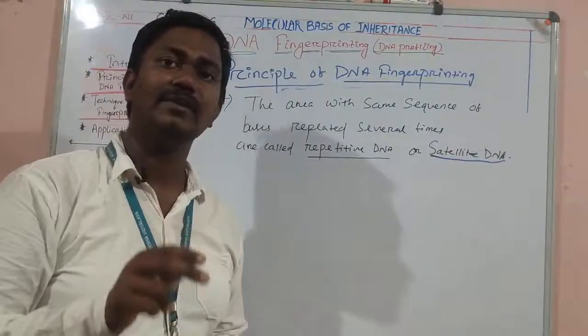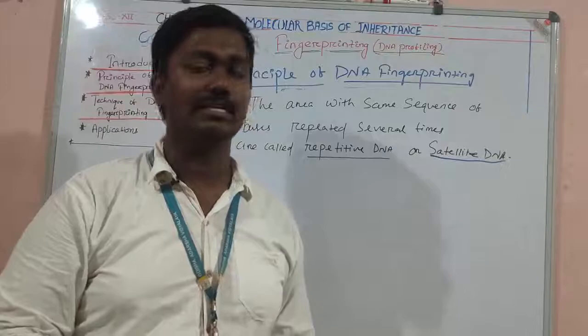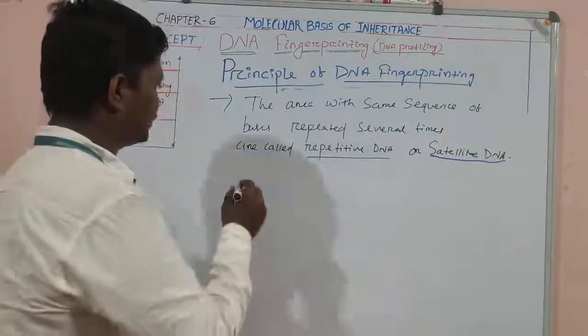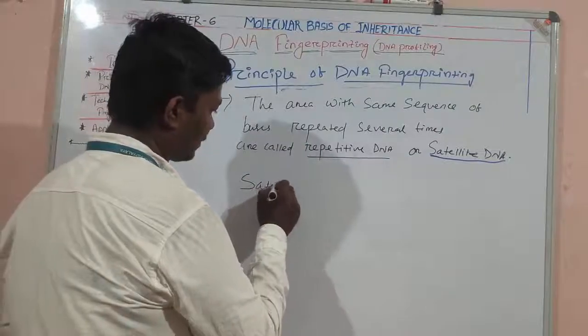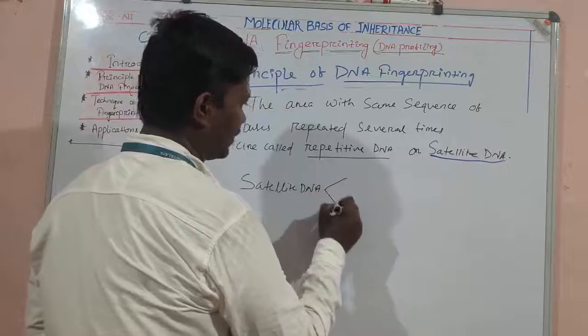According to the number of tandemly repetitive units, satellite DNA is of two types.